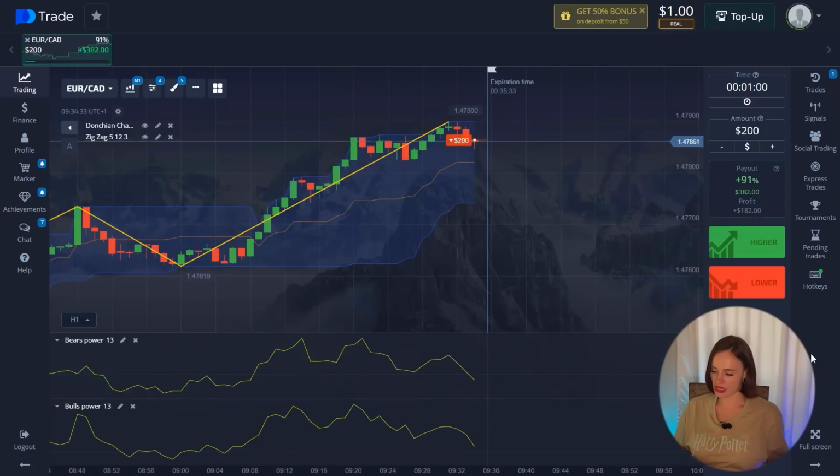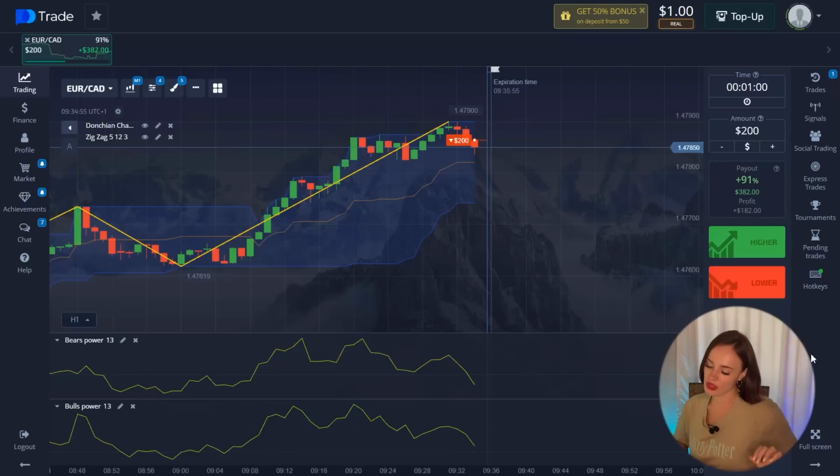Bearish and bullish power indicator lines were looking down, from which I concluded that both buyers and sellers lacked strength. But since the quotes were gradually declining, moving away from the zigzag indicator line, I assumed that the downward trend would continue, and the quotes not breaking through the upper limit of the Donchian indicator also confirmed my version.